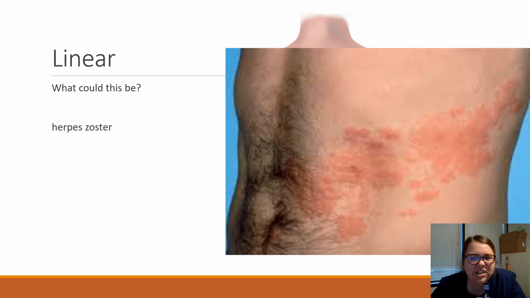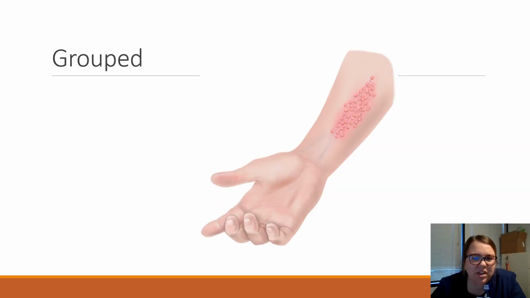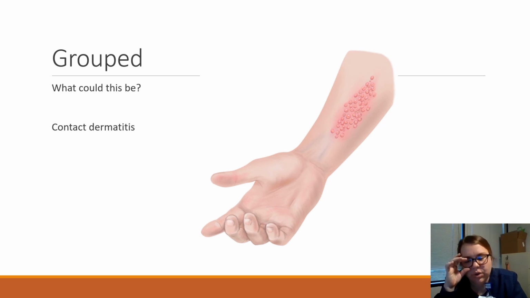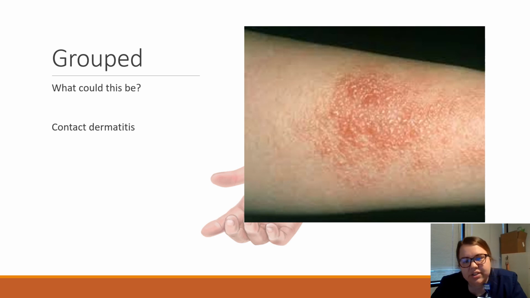It can be very irritating and very painful. Okay, so then there's grouped lesions. So what could this be? This is contact dermatitis. Now, when we were talking about infection control with latex allergies, some people get contact dermatitis and it's just on their hands and it could be grouped. So here's just an example.